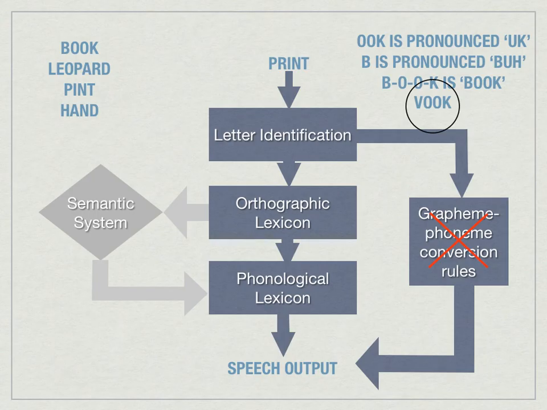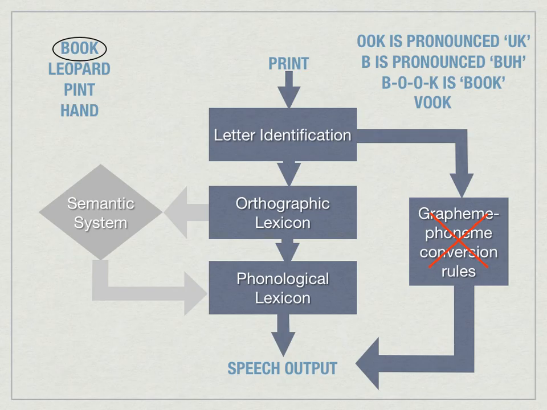Now we come to an interesting question. What happens if this root truly existed and it was damaged or badly damaged? Well, you can see straight away that vuk no longer could be pronounced because I do not have these rules in place anymore to pronounce it. The million-dollar question, though, is what about book?